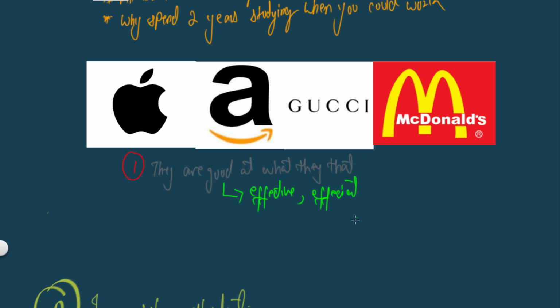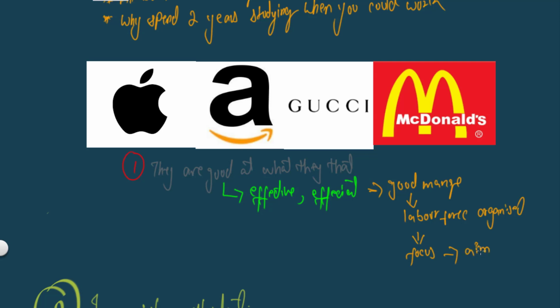Well, what does that mean? That means that first of all, they have good management. Because they have good management, they can organize their labor force. Because they have an organized labor force, they can focus and they can achieve their aims.